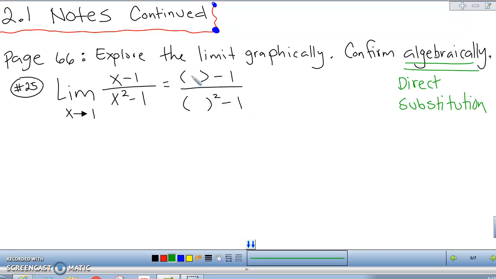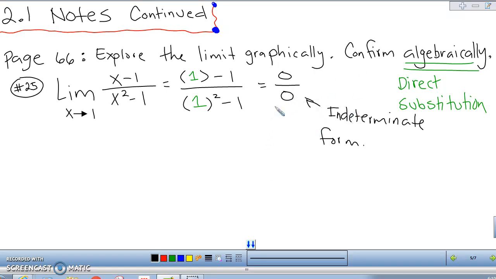When we directly substitute the 1, we get 0 over 0. This is called indeterminate form. When we get indeterminate form, that means we can do some kind of algebra, some kind of simplifying. We can simplify this function so that we can reapply direct substitution and get an answer.